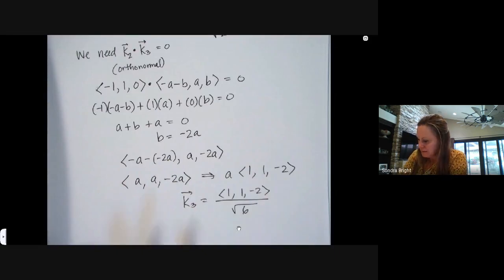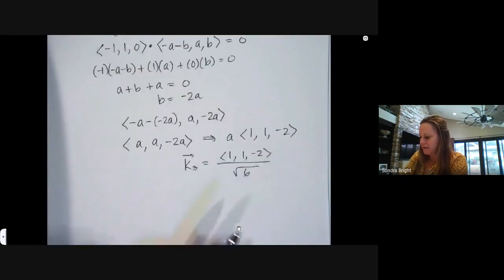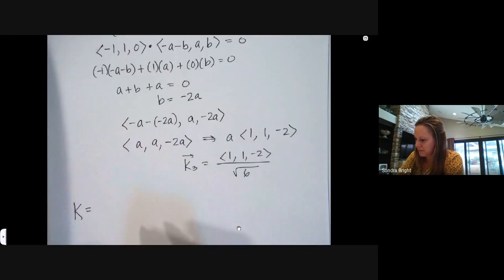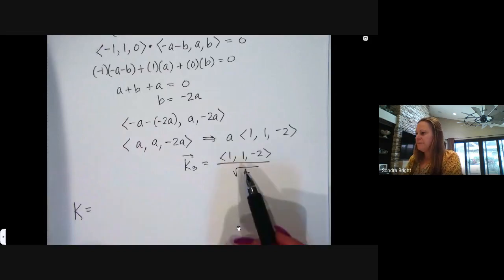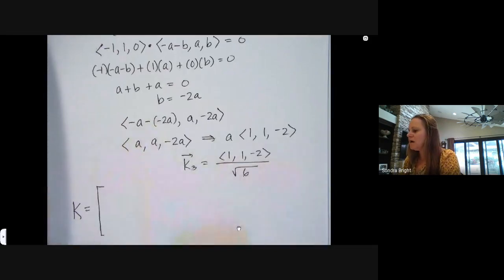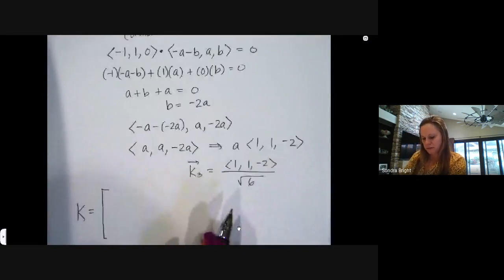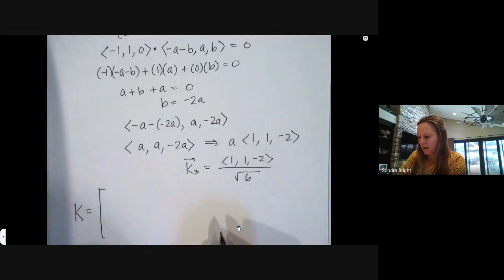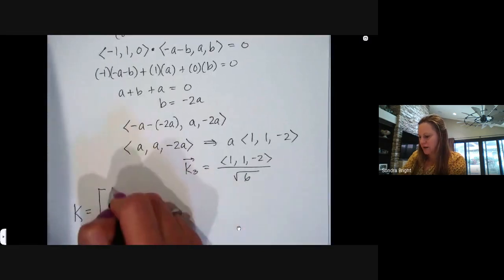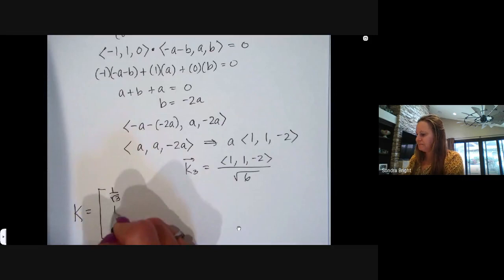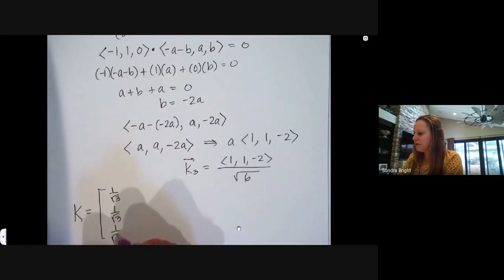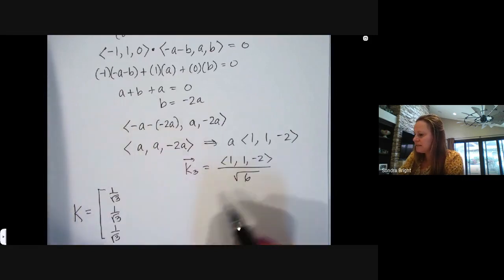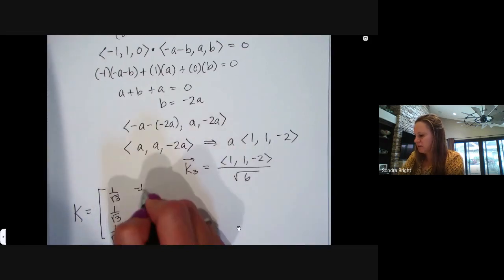And big K will be, you take your orthonormal eigenvectors and make them your columns. So K1 was 1 over root 3, 1 over root 3, 1 over root 3. K2 was negative 1 over root 2, positive 1 over root 2, and then 0.